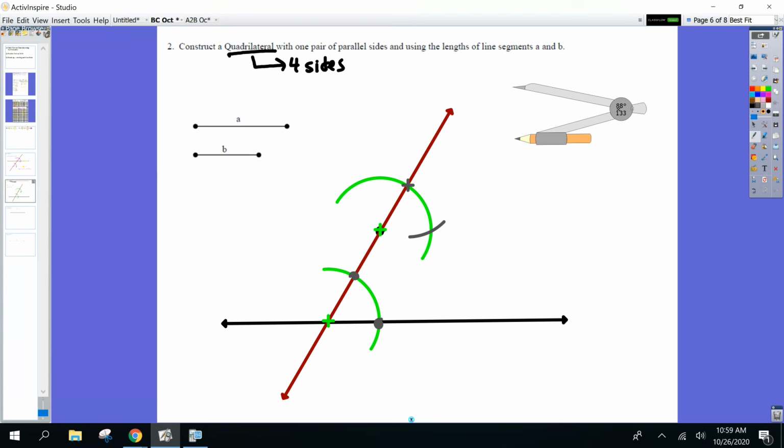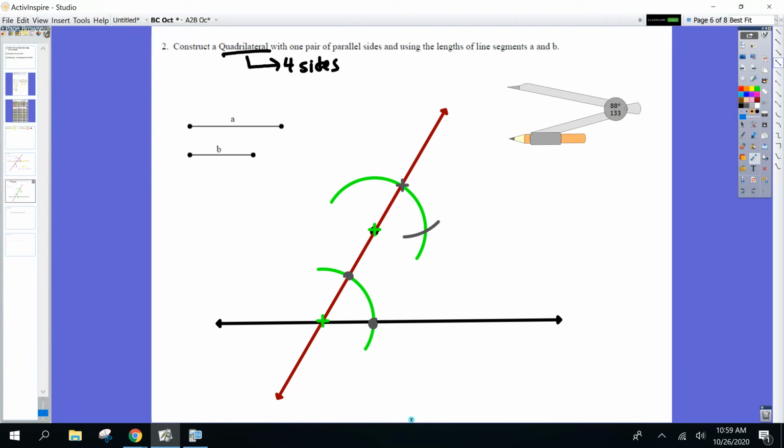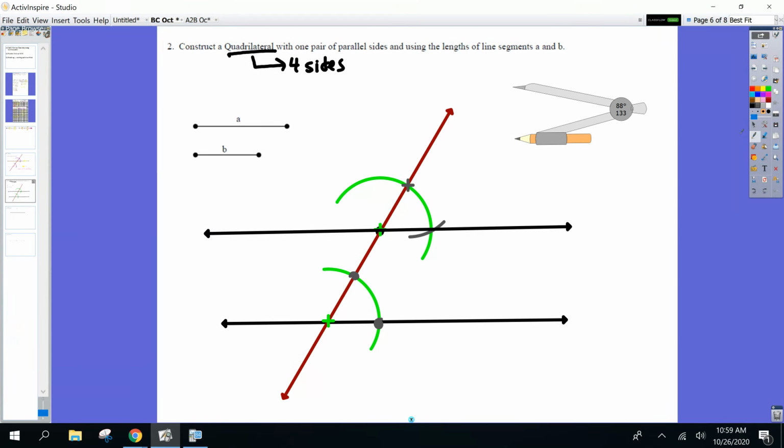Hopefully your endpoint of your ray and those two arcs line up together. And then I draw my other parallel line through. Hopefully I'll slow down now so you guys can get the parallel lines before we deal with what the heck I'm doing with A and B.